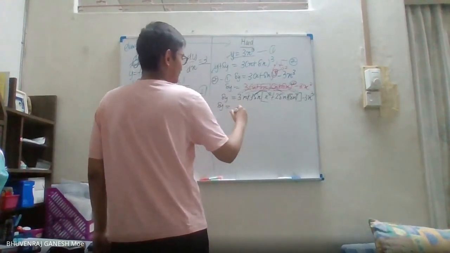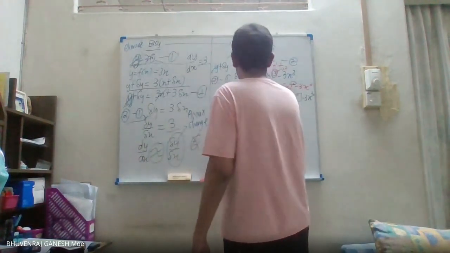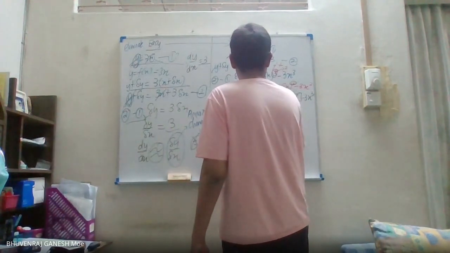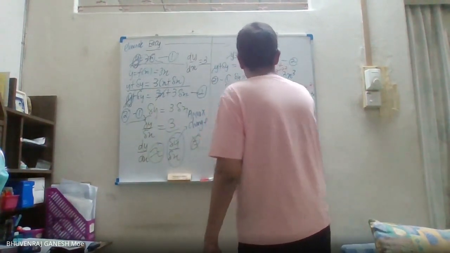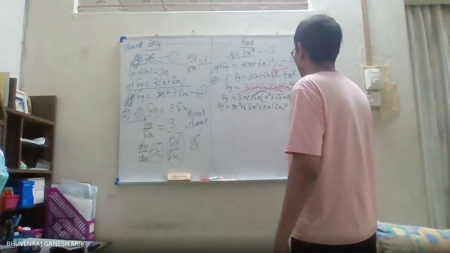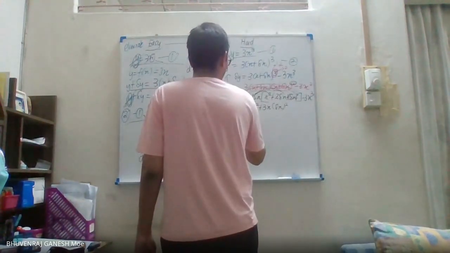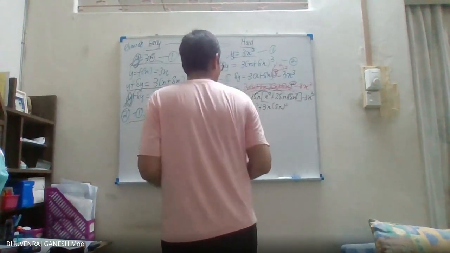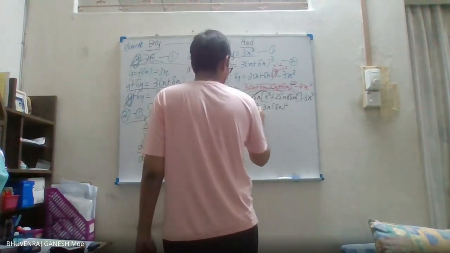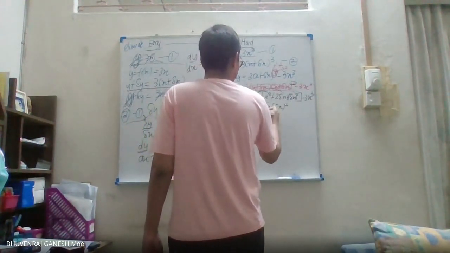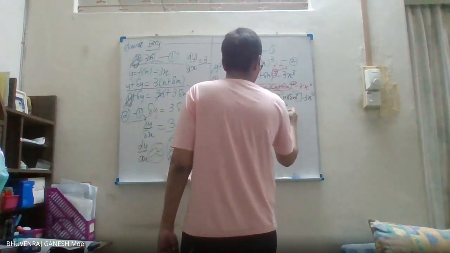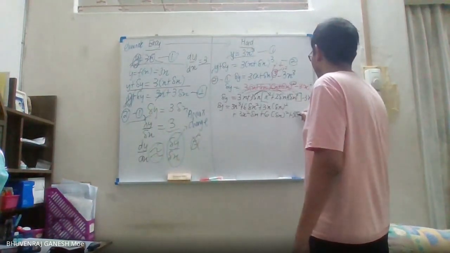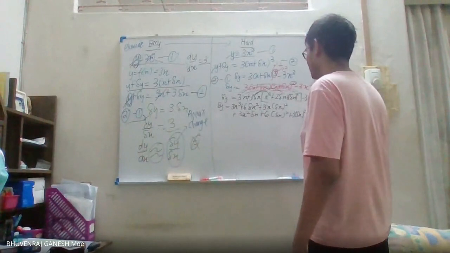So we will get 3x cubed plus 6 delta x squared plus 3x delta x squared. And then again we continue here, plus 3x squared delta x, times x squared delta x, plus 6 delta x squared plus 3 delta x cubed minus 3x cubed.